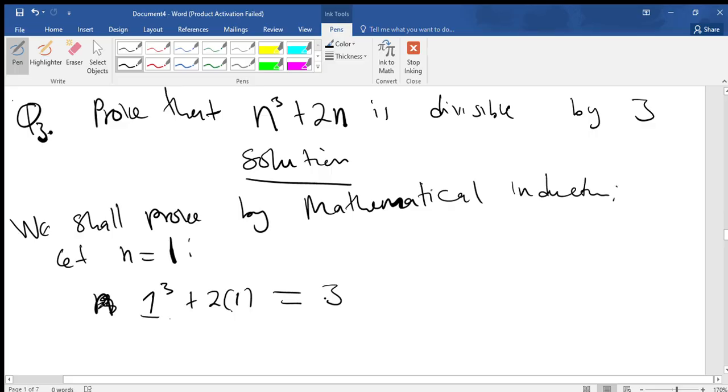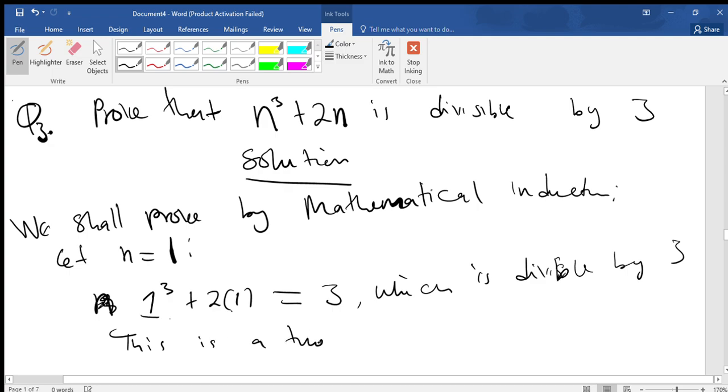And this 3 is divisible by 3. Then you tell them this is a true statement.